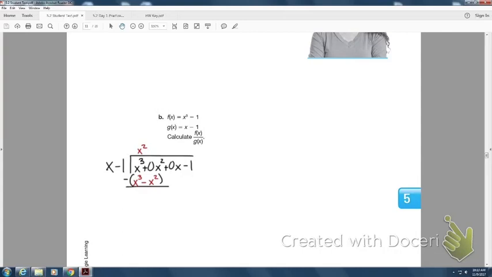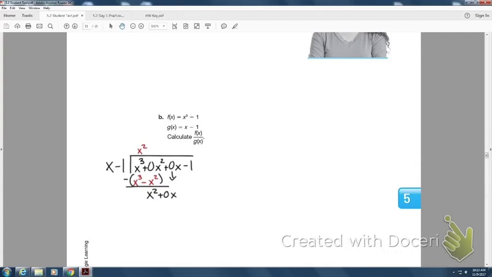Opposite the operation, so my x cubes cancel. And then I've got 0x squared plus x squared, which is just x squared. Bring down my 0x, and then that's when I start over.